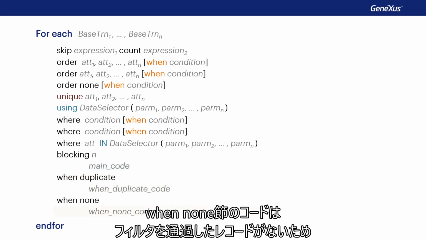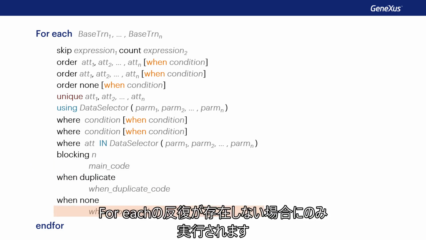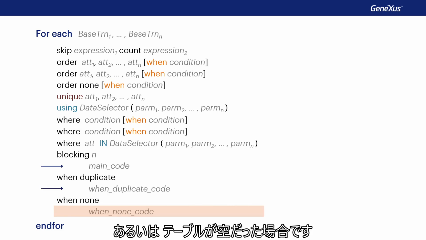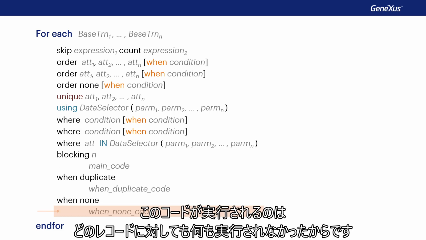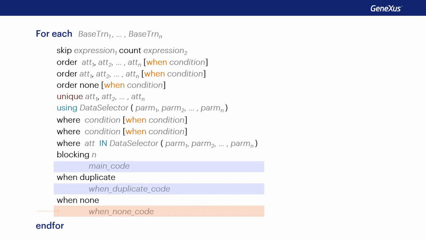The code in the when none clause will only be executed when there is no iteration of the for each, since no record passed the filters, or the table was empty. That is, if this code is executed, it's because none of these was executed for any record.